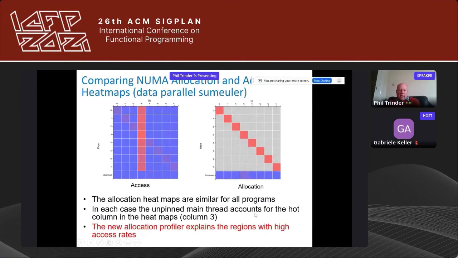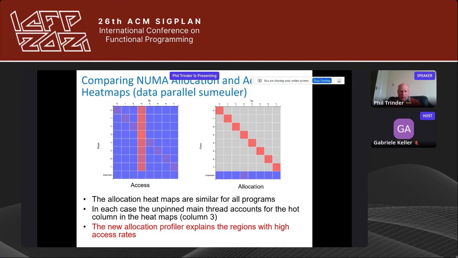And if we look again at the other profiles, we see the same pattern. And specifically, the allocation into region 3 exactly corresponds to the hot region in the access profile.